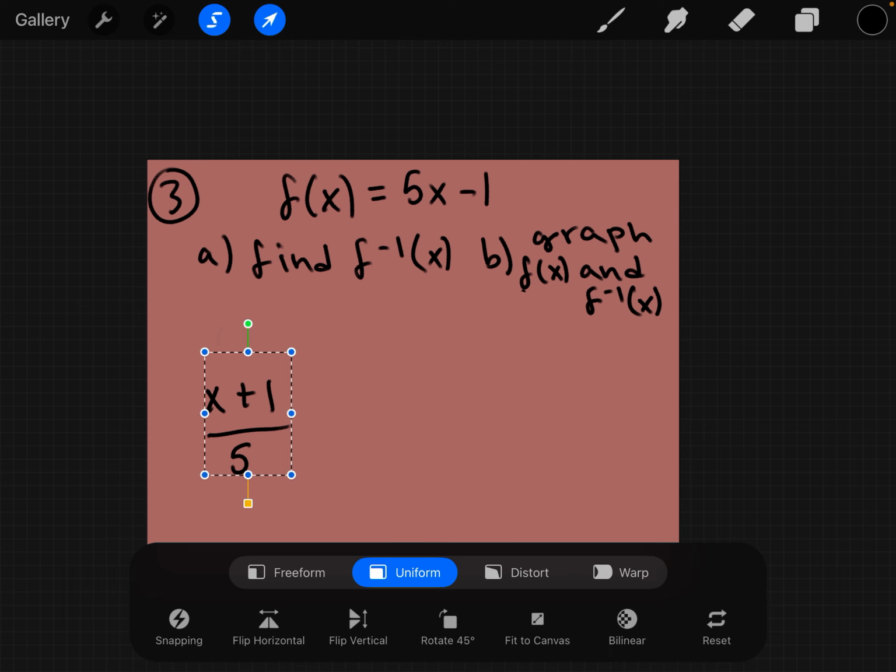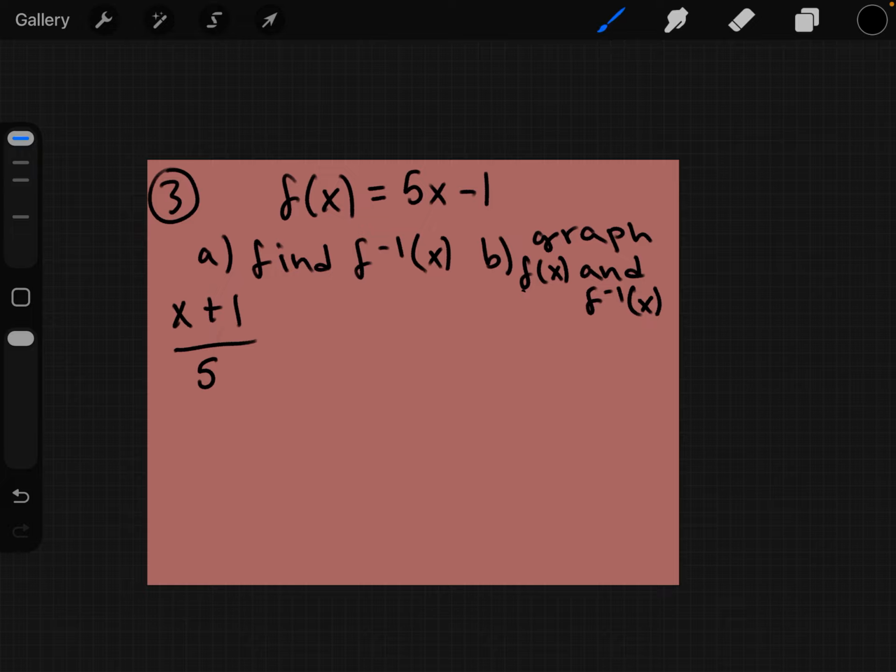Now we have to graph it. So x, f of x. Just pick random numbers. 5 times 1 is 5, minus 1 is 4. 5 times 2 is 10, minus 1 is 9.